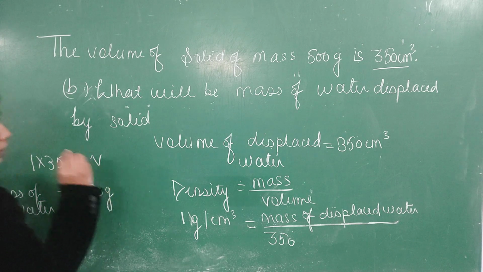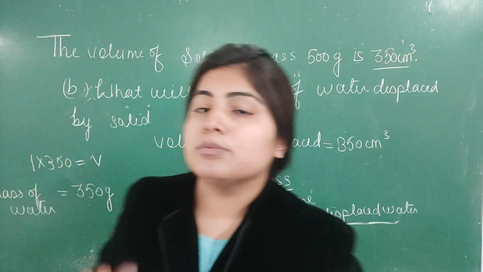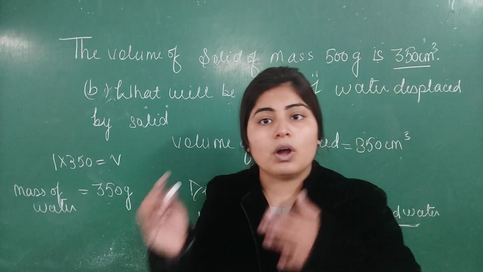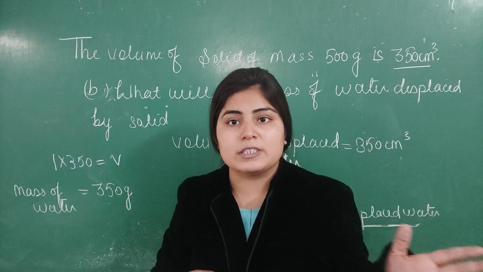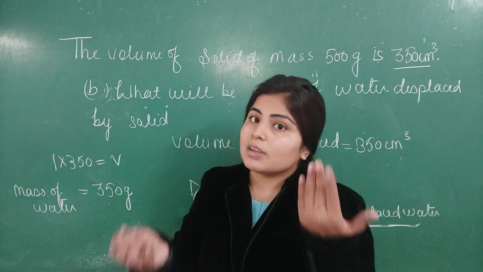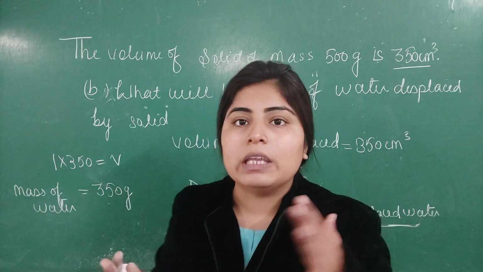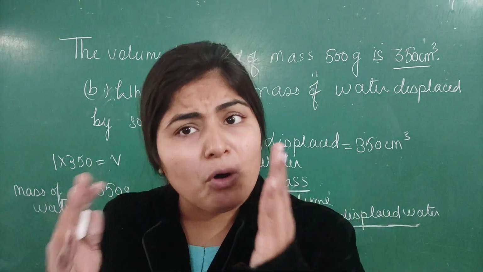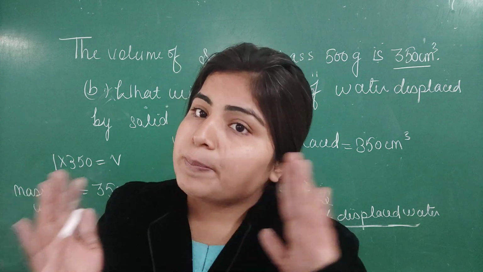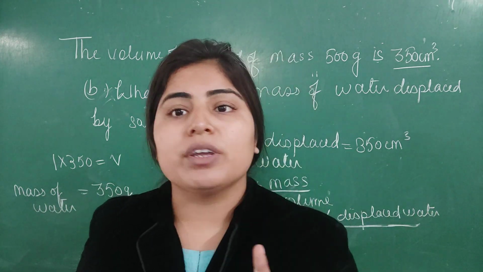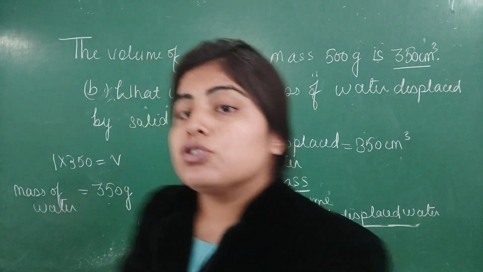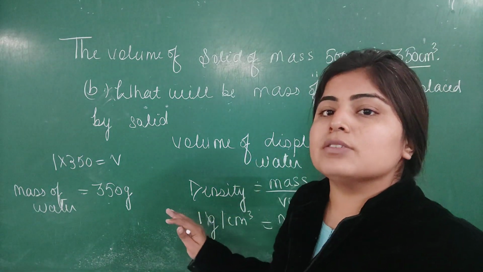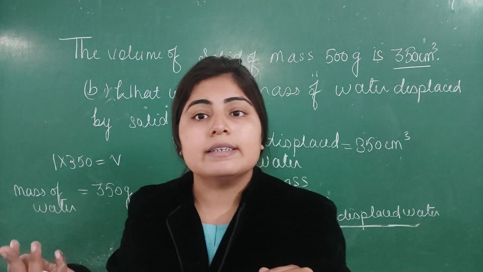So whenever any object is displacing the water, its volume will be equal to the volume of the displaced water. The object's volume and the displaced water's volume are always equal. So if volume is given and density of the water is known, then we can easily calculate its mass.